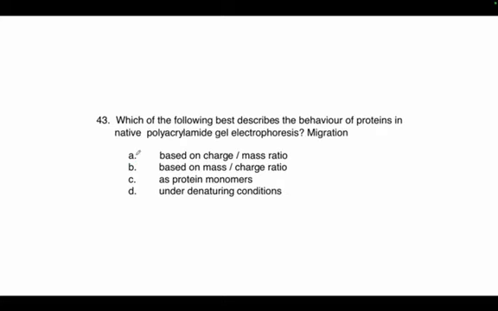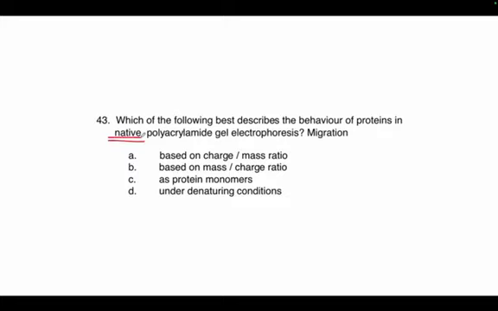Specific interaction. Which of the following best describes the behavior of proteins in native polyacrylamide gel electrophoresis? Okay, important word in this question is native. Remember, in a native gel, we are not adding SDS, we are not adding any denaturing reagent, right? So the protein is migrating based on its native charge.